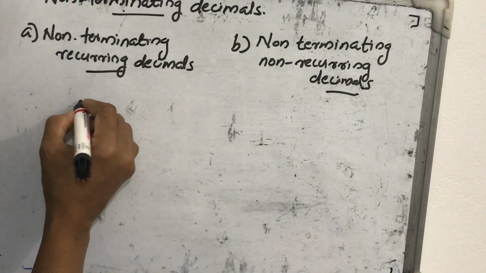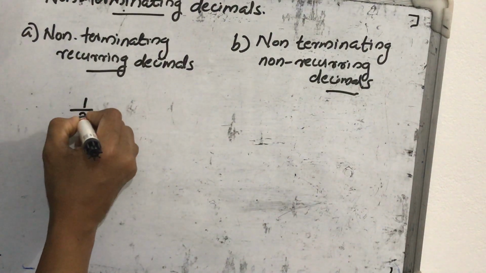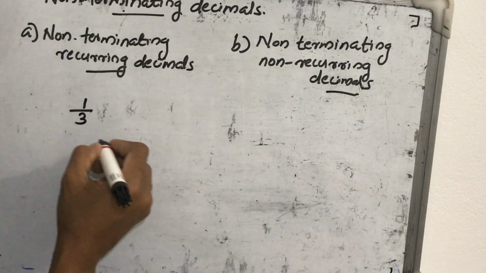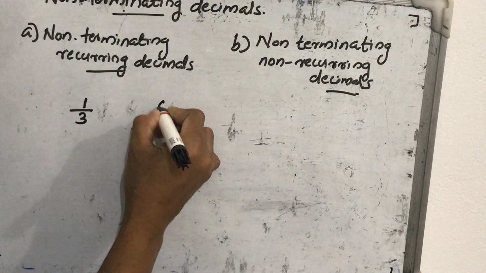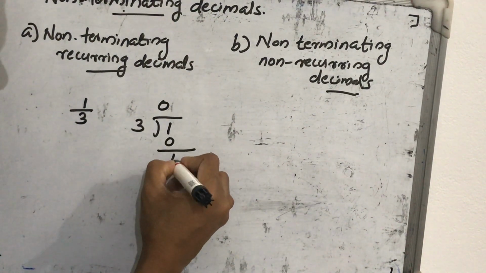Now here, look at one example, 1 by 3. When we divide 1 by 3 through normal division, 3 into 0 is 0.